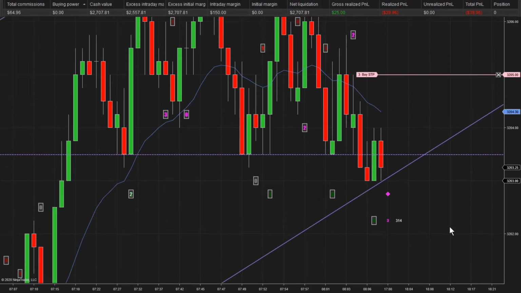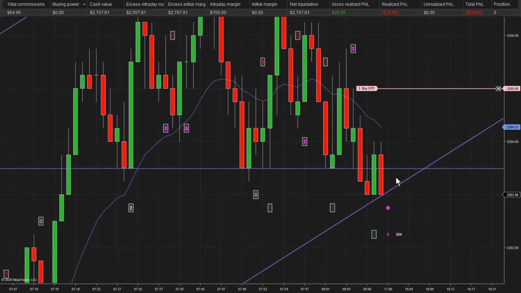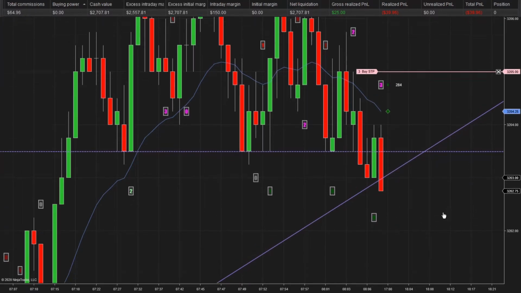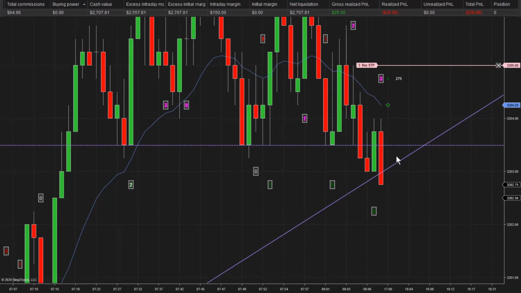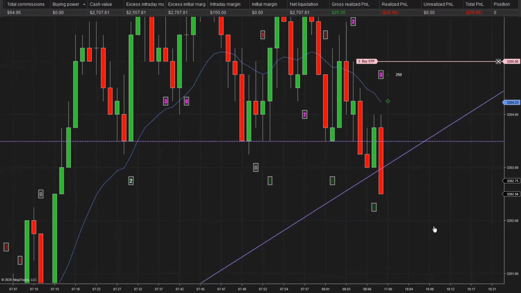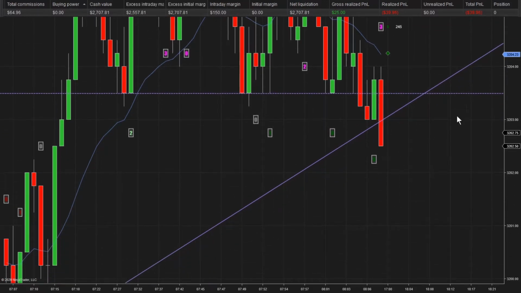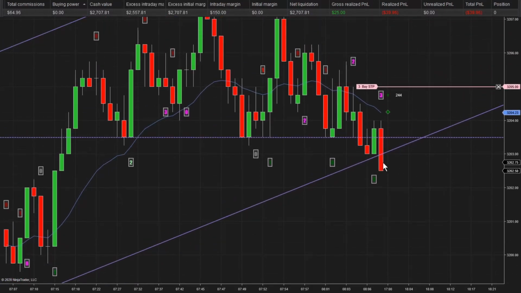Okay, now it's hit. Now it hit it, but we are technically still in an uptrend. Okay, now we are in a downtrend with a trap. This trap is making the weak bulls leave, and now it's coming back up.